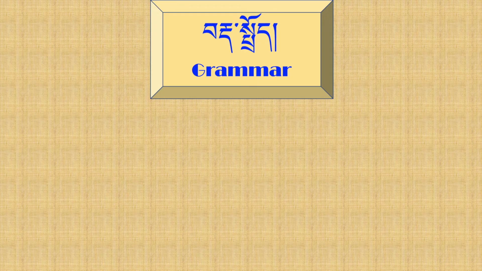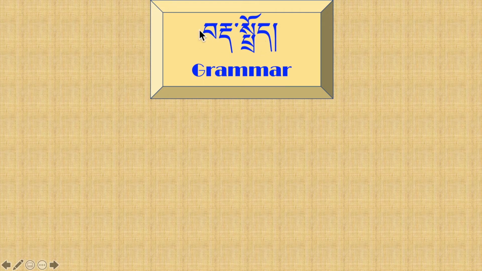In Tibetan, grammar is called Da Te. Da means sign. Te is something that you deliver to somebody to understand whatever you have in your mind. So that is called te.